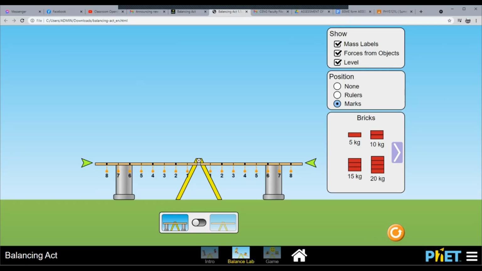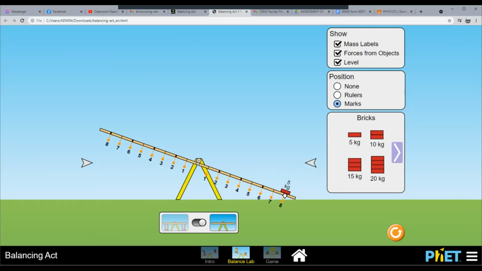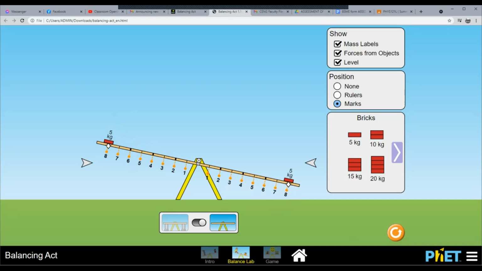Let us make use first of the fulcrum with support in the middle only. What would happen if we place 5 kilogram here, at 8? That would create an unbalanced force and the other side would tilt. Let's say we place another 5 kilogram here on the other side.